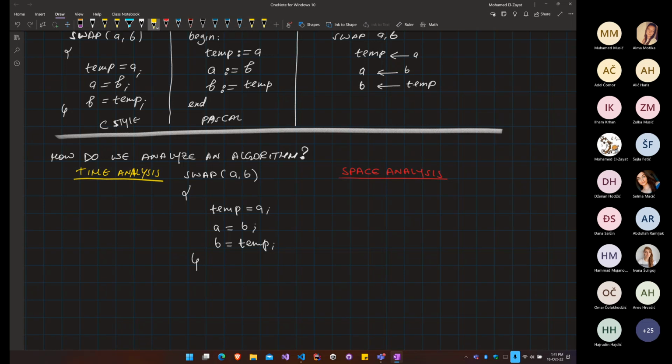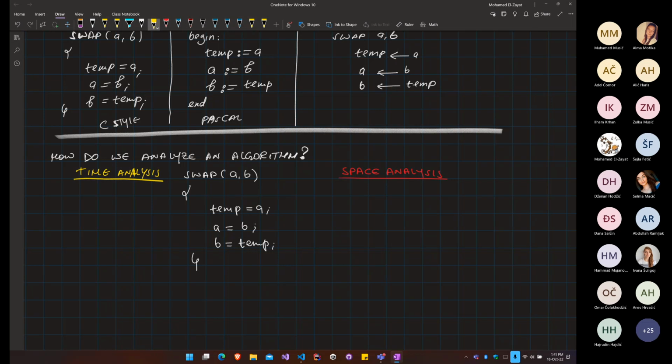So let's say 1 hertz per instruction, to reduce it to something simpler.